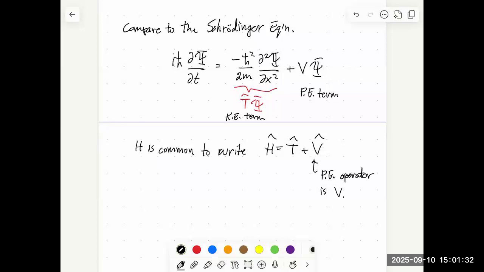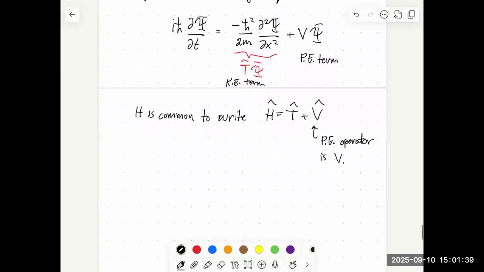And so this is our Hamiltonian for our quantum system. So Ĥ is called the Hamiltonian.